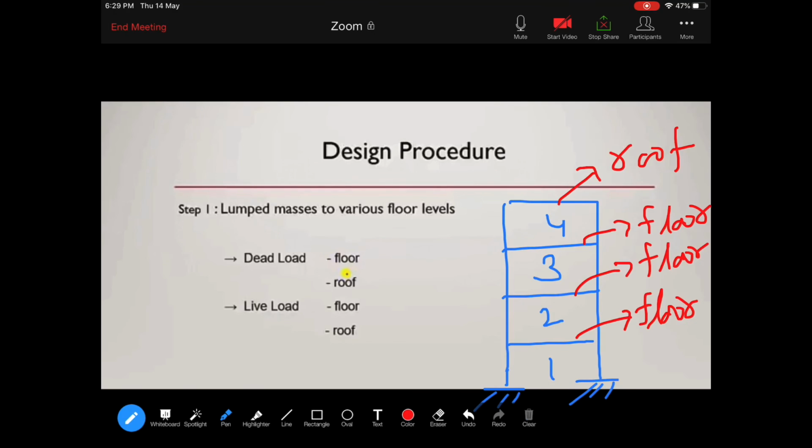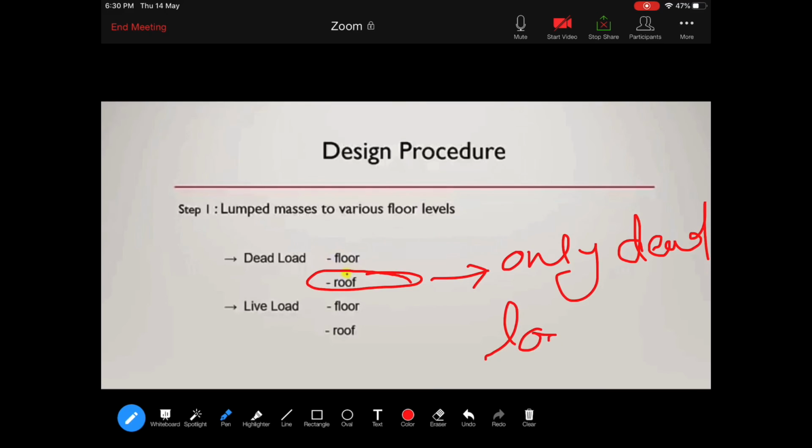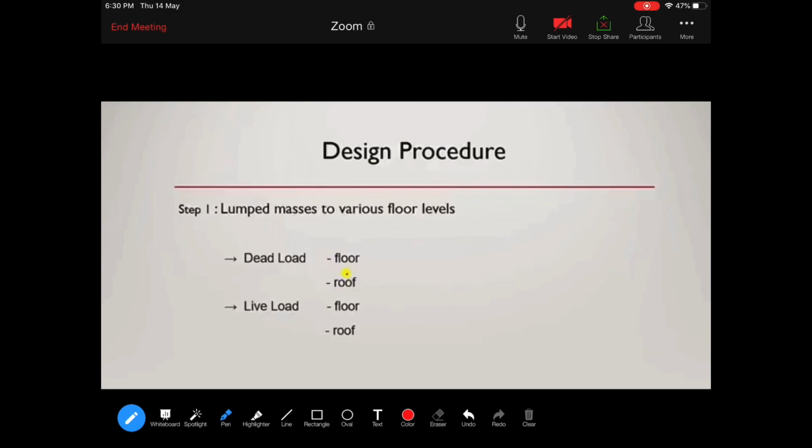And in design criteria we don't consider live load, we consider only dead load for roof. So live load is 0 for roof. This is an important consideration for solving the questions and preparing a design.